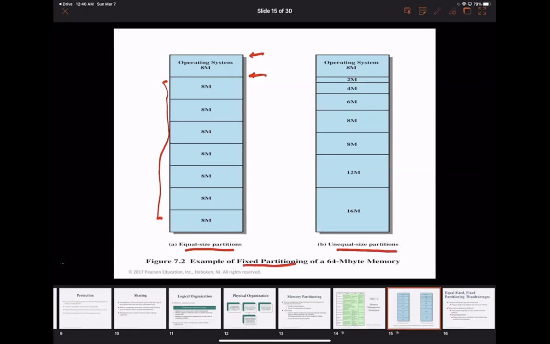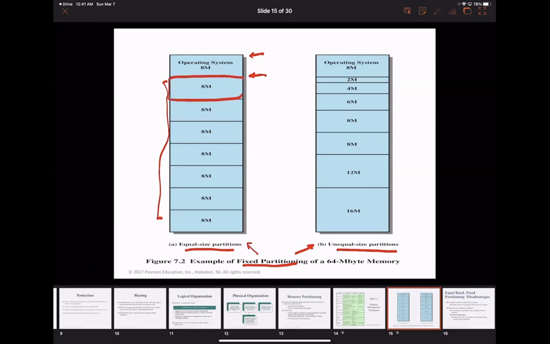So fixed partitioning means that we have the main memory divided into a number of static partitions at the system generation time. It could be either of equal size or of unequal size. One possibility is to make use of equal size partitions. In this case, you can see all the memory partitions are of the same size.